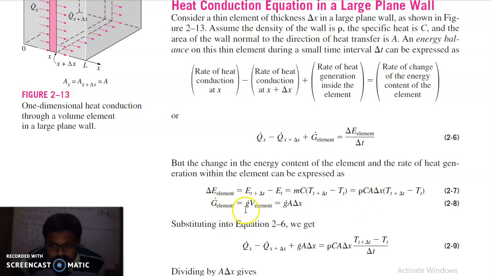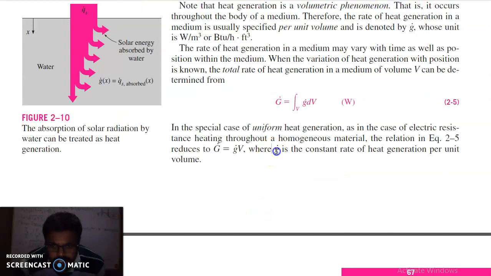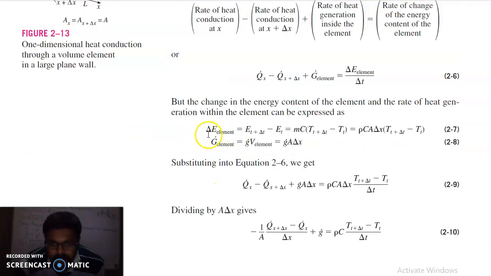G element is equal to G dot into V element, where G dot is the constant rate of heat generation per unit volume. Put the value of del E element in this equation, and you will get this equation here. Divide by area and del x, and you will get this equation.